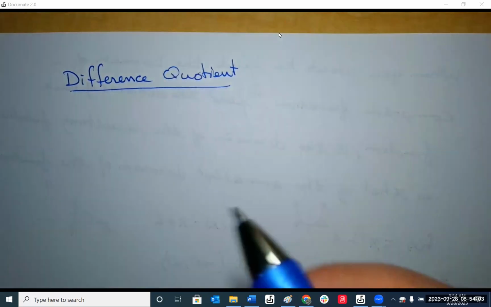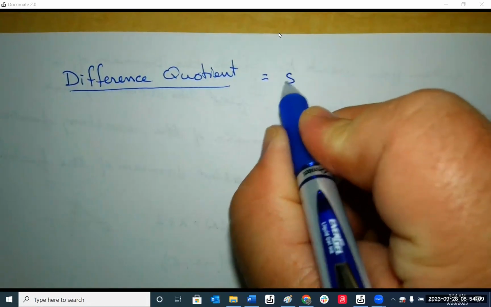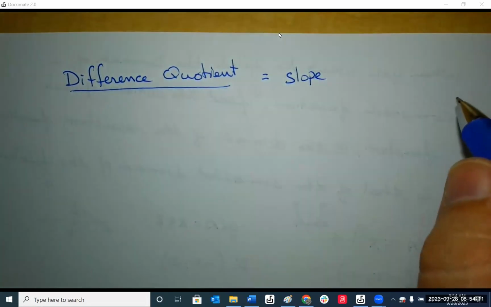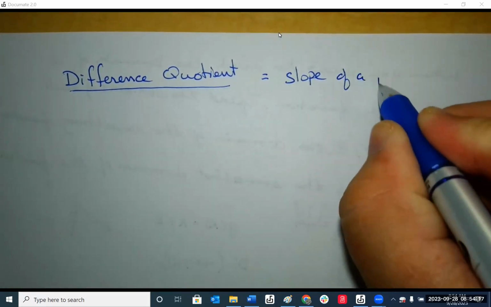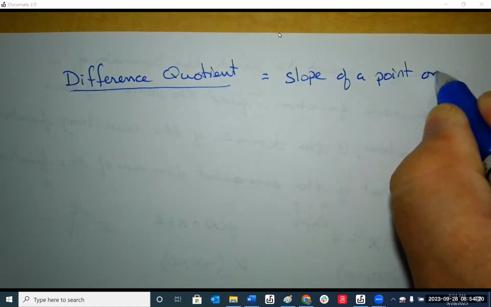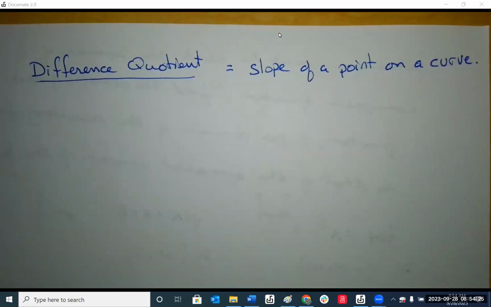It's a fraction. What this does, it looks at the slope, but a new slope. Slope of a point on a curve. The difference quotient is used to find the slope of a point on a curve.